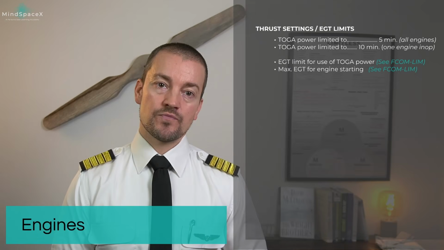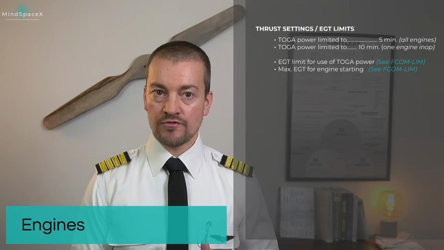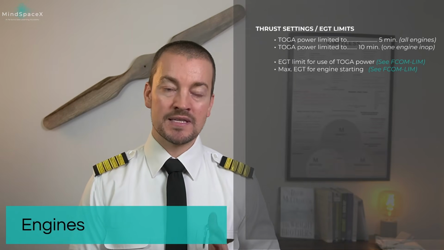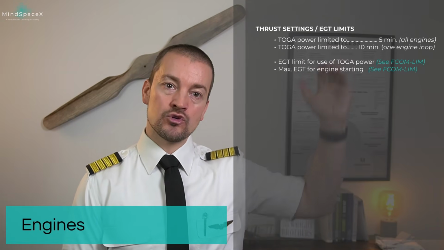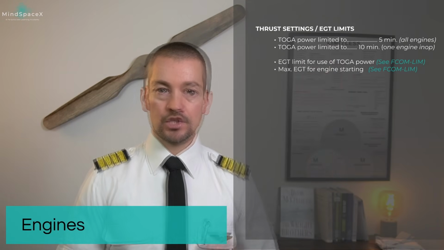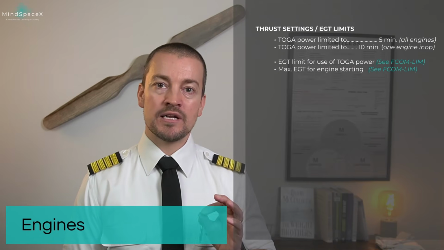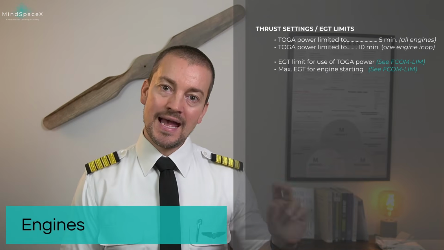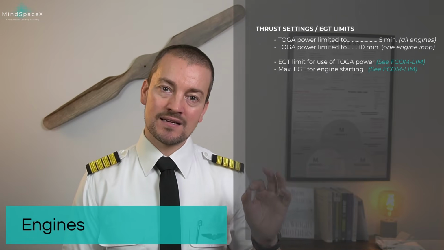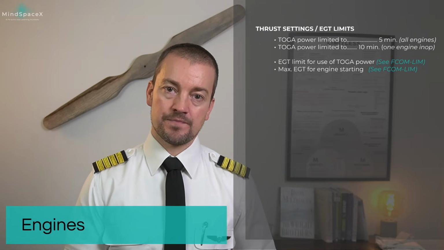The engines, although specific to the aircraft you're flying, do have limitations to them. I only brought up the limitations here that are universal for all the engines. Toga power is limited to 5 minutes with 2 engines running, and 10 minutes with single engine operation.